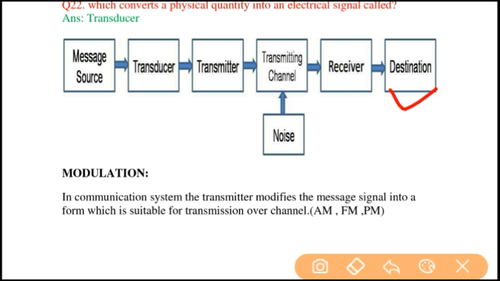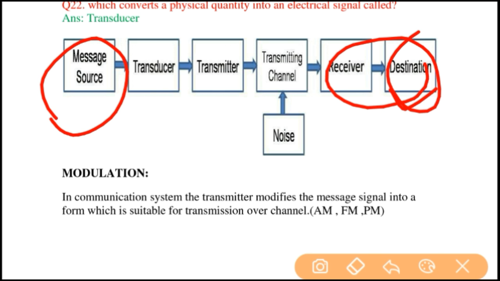Suppose two people are talking on the phone. The person who calls his friend is the message source, and the other person he calls is the destination or the receiver.